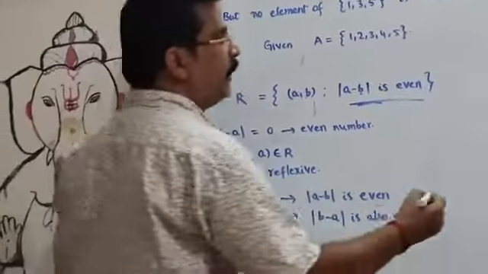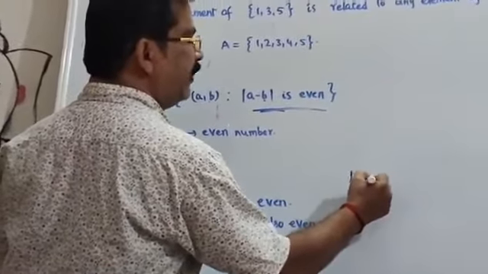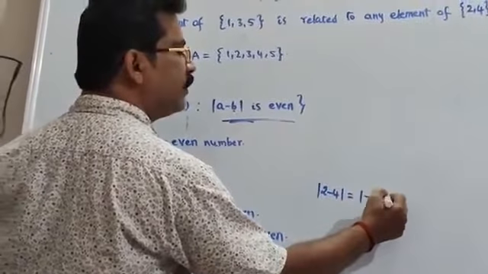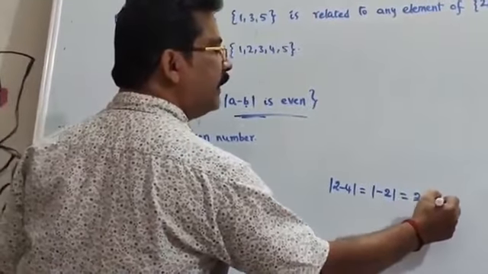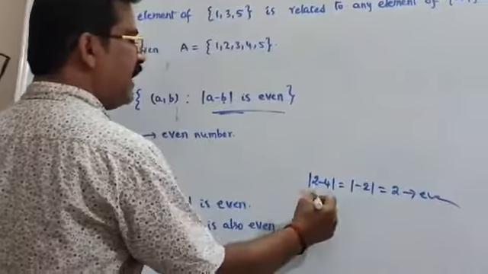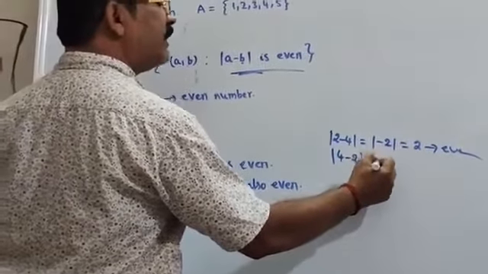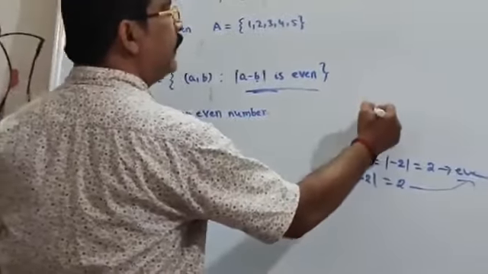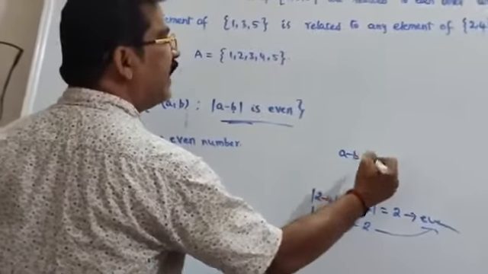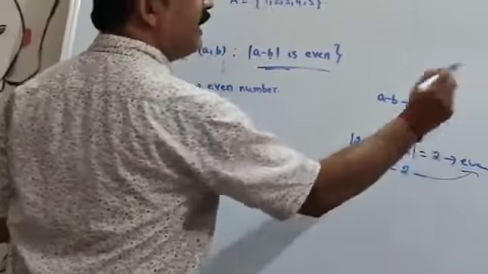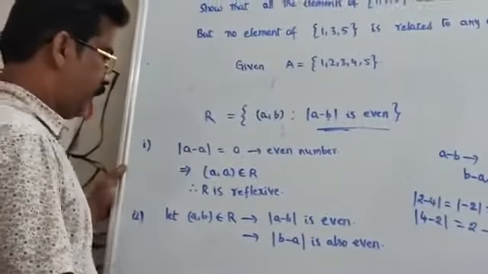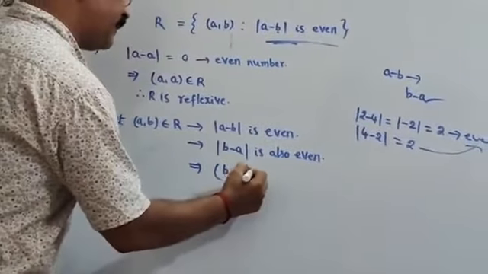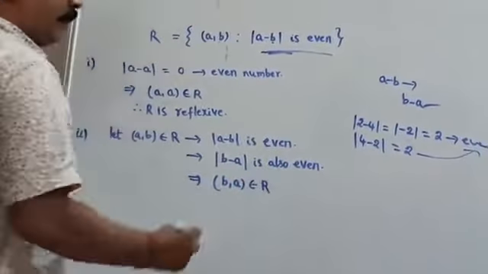One example: modulus of 2 minus 4 is modulus of minus 2, which equals 2. It is an even number. Similarly, modulus of 4 minus 2 equals 2, also an even number. So whenever A minus B is even, then B minus A is also even. Thus it implies the ordered pair (B, A) also belongs to capital R.